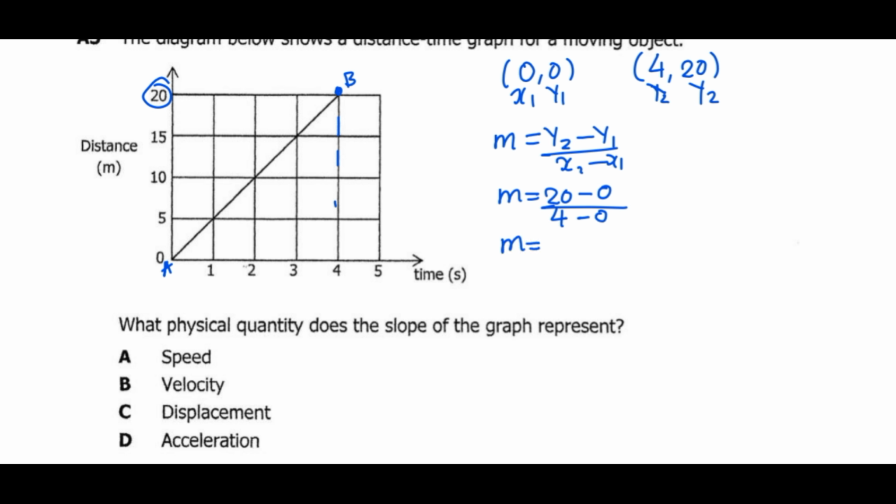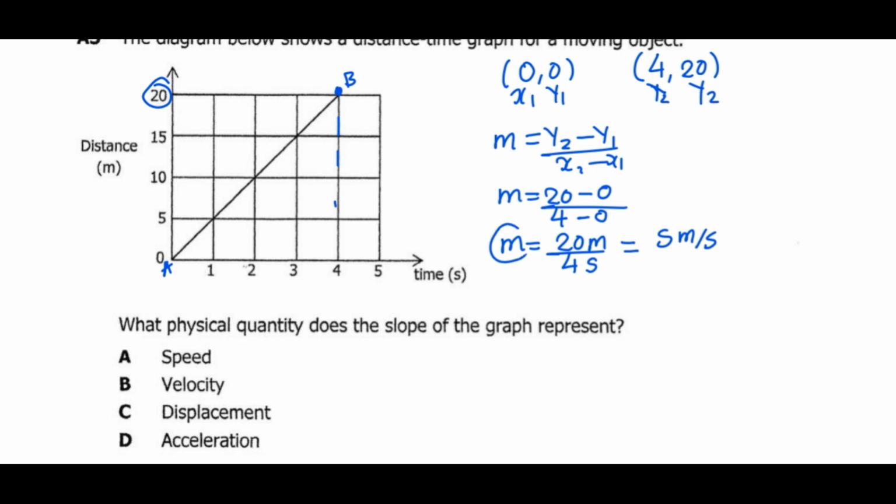Then our m is equal to 20 minus 0, which is 20. Remember that on the y-axis we have distance in meters, and for the x-axis, 4 minus 0 gives us 4 in seconds. If we divide this, it gives us 5 meters per second.